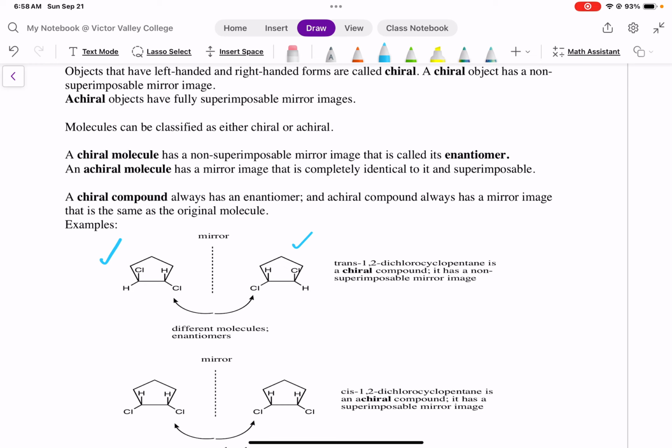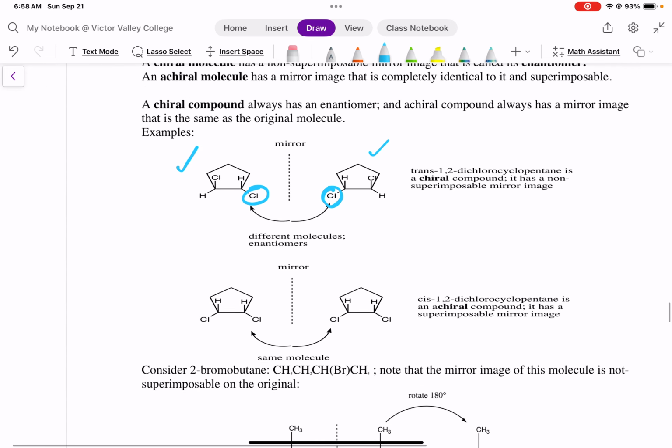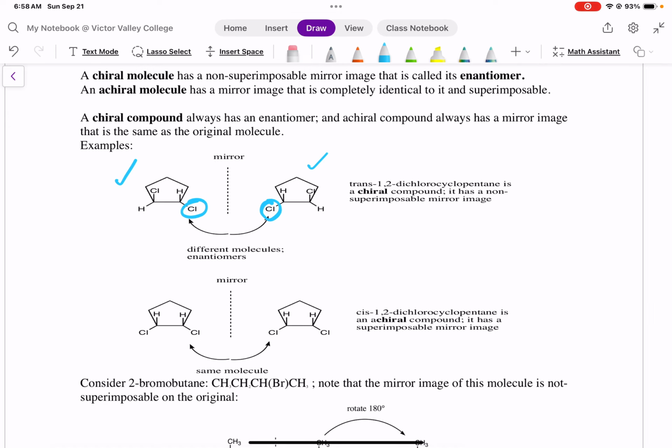If you try to take one and stack it on the other, you're not going to be able to do it. You slide this over, that will be on the left side and that's on the right side, so they're not going to match. That's an easy way to think about it. So these two molecules are different, and we call them enantiomers.